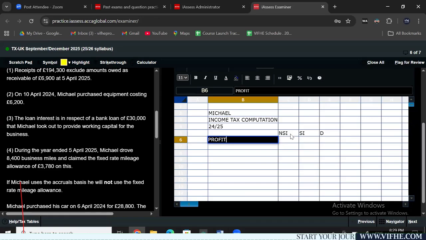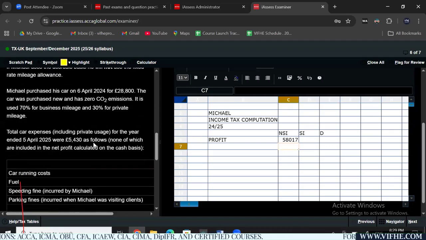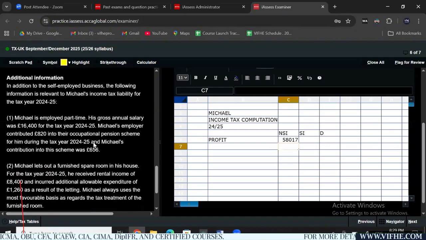The profit on accruals basis is 58,017 pounds, and it belongs to the non-savings column. And now I'm just going to refer to the information given under the additional information section.